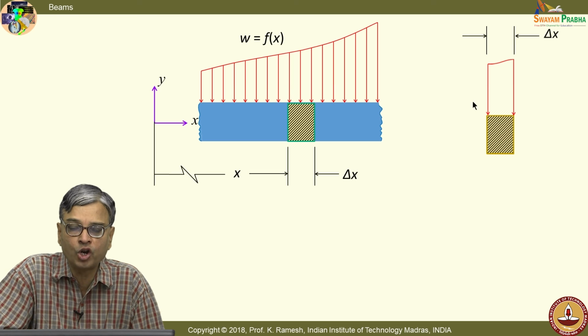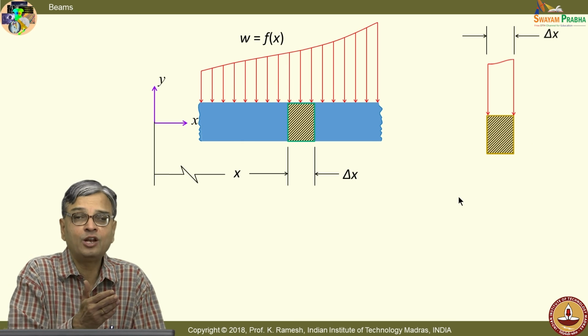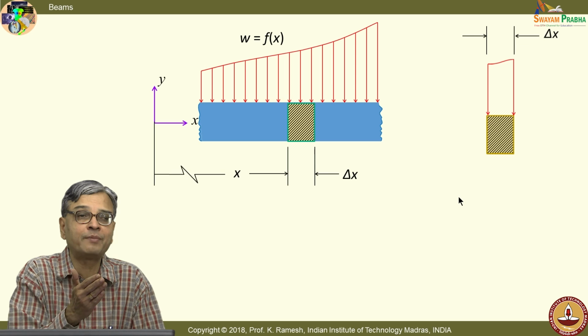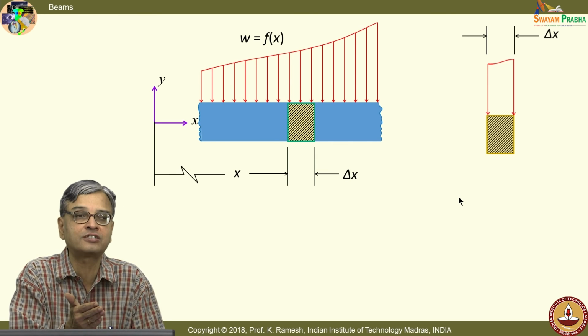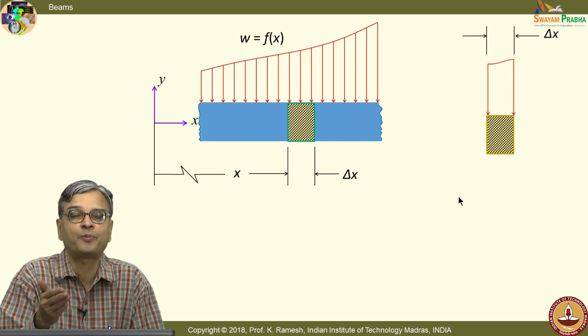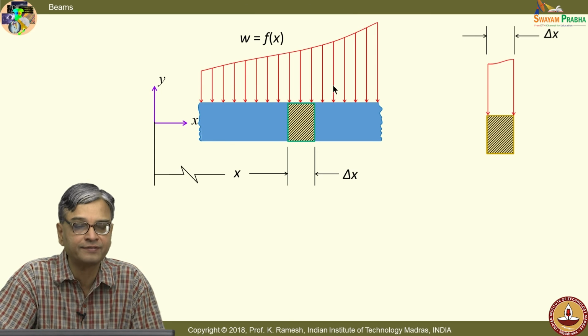So, now following the sign convention, you should put the shear force and bending moment acting on this surface, and the shear force and bending moment acting on that surface. You have already looked at shear force and bending moment diagrams. Do they remain constant depending on the application of the load? They can remain constant, but in general they all vary from point to point. And I have deliberately shown a variable loading.